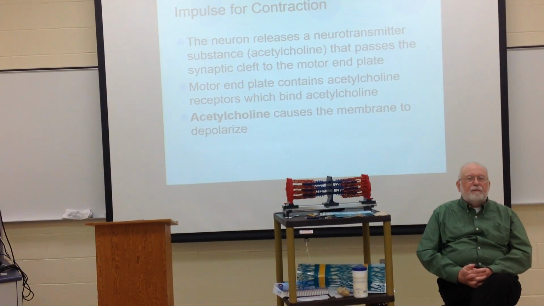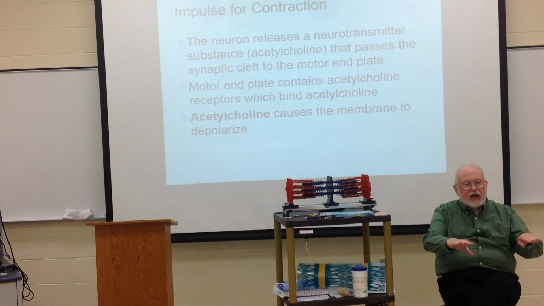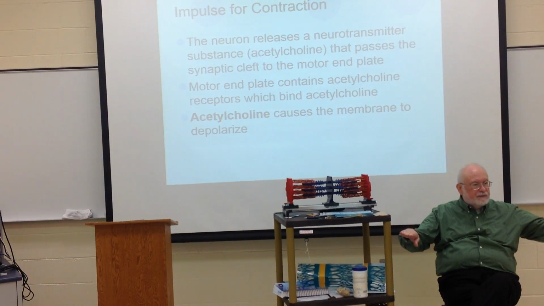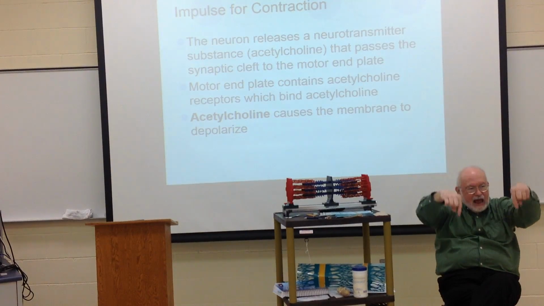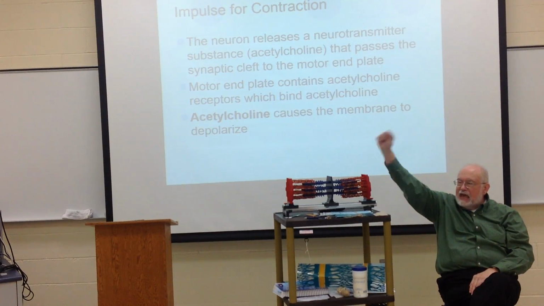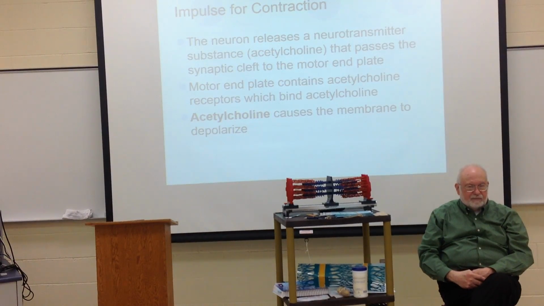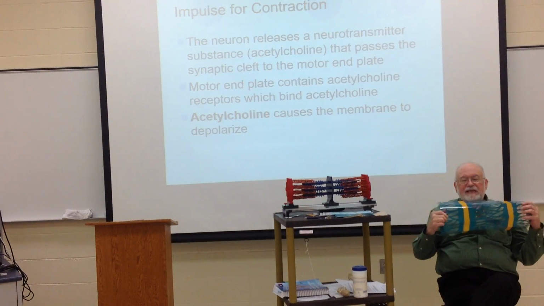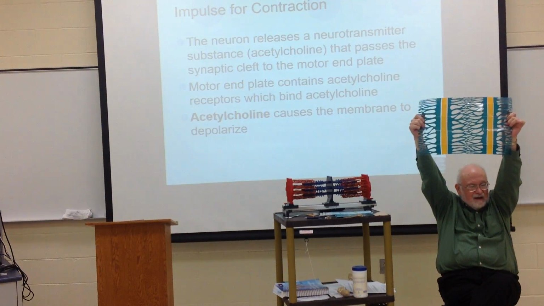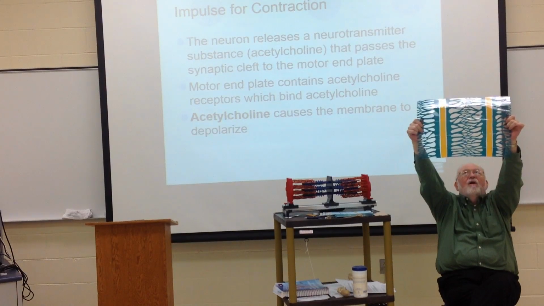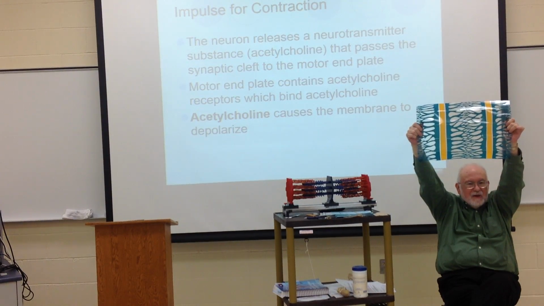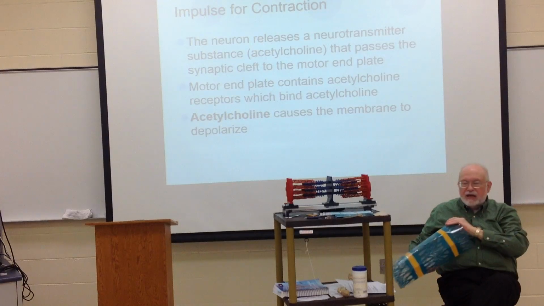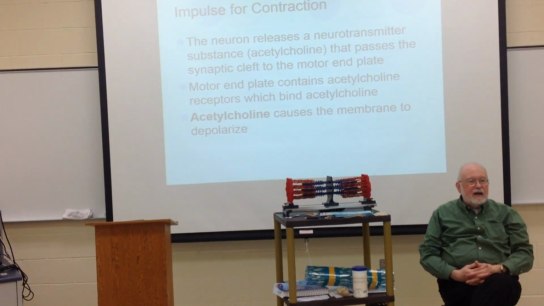It propagates. It spreads to all the adjacent areas on the surface of the cell and down the T-tubules into the sarcoplasm. And once it reaches the terminal cisternae of the sarcoplasmic reticulum, what happens there? The calcium channels open up in the sarcoplasmic reticulum, and calcium floods out into the sarcoplasm, and the muscles contract.